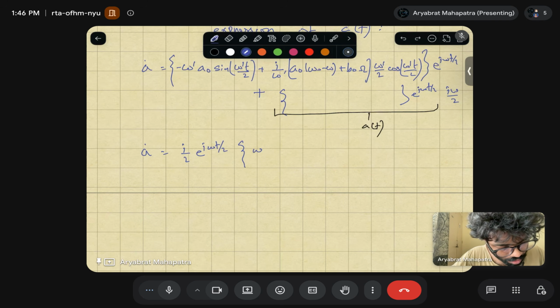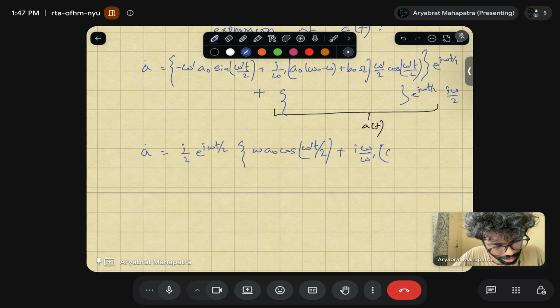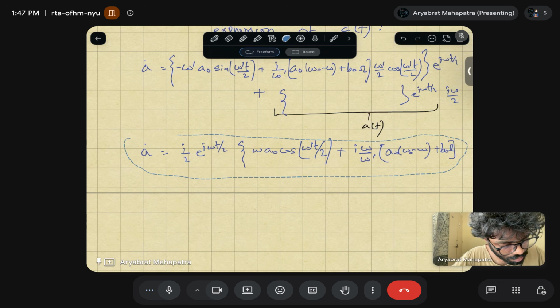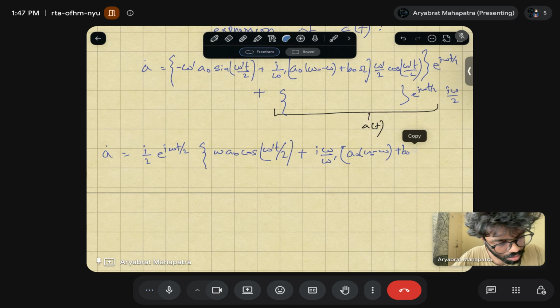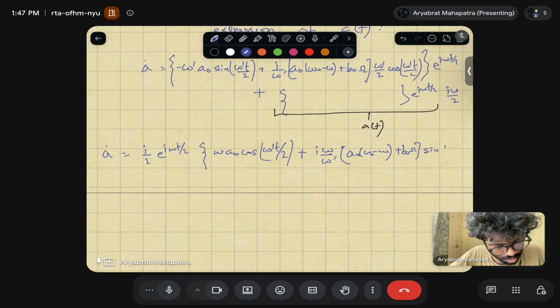So omega a naught cos omega prime t by 2 plus i omega over omega prime times a naught omega minus omega naught omega plus b naught omega, sine omega t over 2.